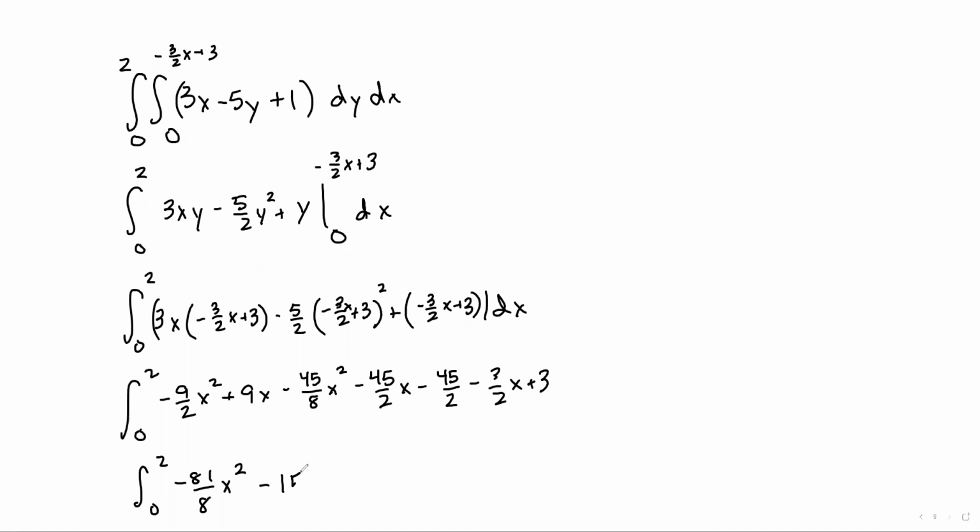So we get negative 15x. And then finally, we've got negative 45 halves and then plus 3. So that's going to give us 6 halves. Negative 37 halves x. Sorry, negative 37 halves.